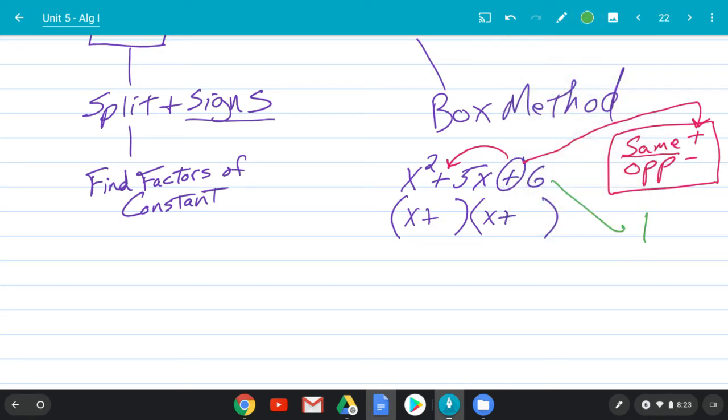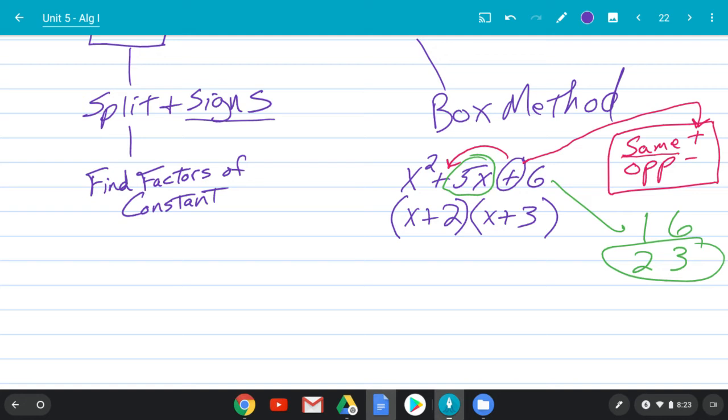Well, 1 times 6 and 2 times 3. Which of those sets of factors can be added together to get me 5? 2 and 3. So I take those two terms and put them right there. 2 and 3.